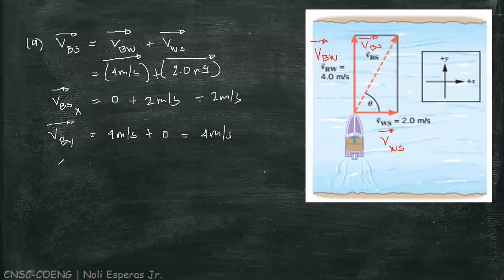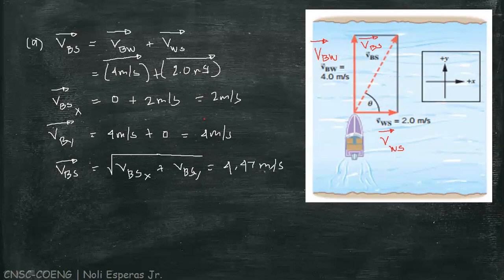Okay, so we can solve now for the final velocity, which is the square root of the x component squared and y component squared, which is equal to the square root of 4 squared plus 2 squared, equivalent to 4.47 meters per second.